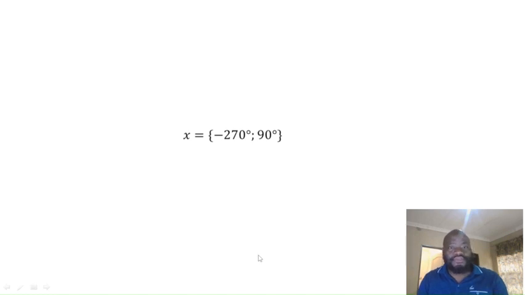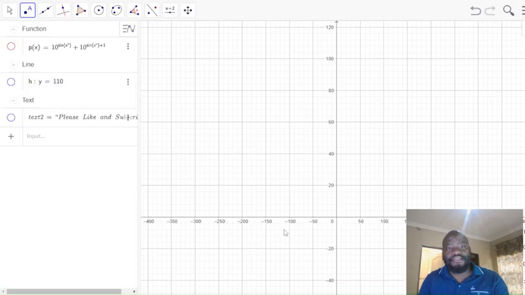Now let's go to Geogebra just to verify. In Geogebra, what I did is I took the left hand side of the equation and wrote it down as a function, and then the right hand side of the equation I wrote as a straight line function parallel to the x-axis.